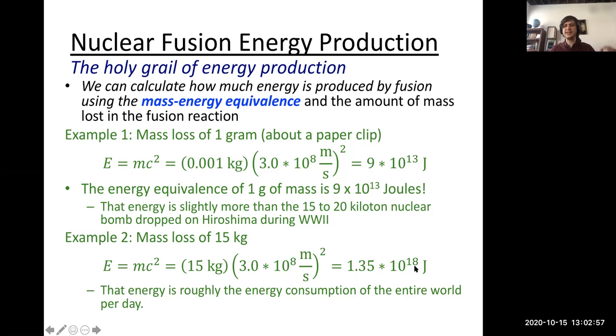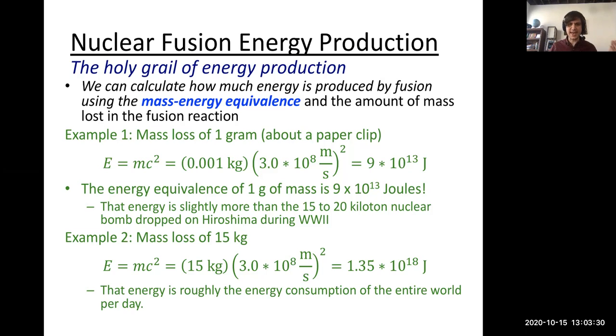And to put that in context, that energy is roughly equivalent to the entire energy consumption of the entire world every day. Just a mass loss of 15 kilograms. You would need about 2,000 kilograms of hydrogen to fuse into helium. That same reaction that powers the sun would only require about 2,000 kilograms of hydrogen, and if you converted that to helium, you'd get a mass loss of about 15 kilograms, and you could power the world for a day.